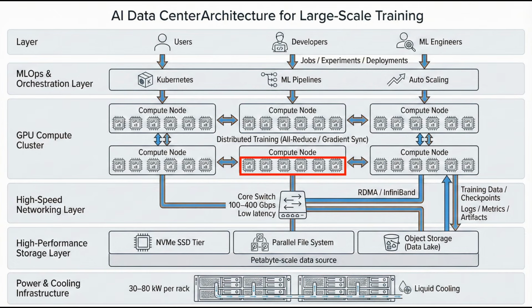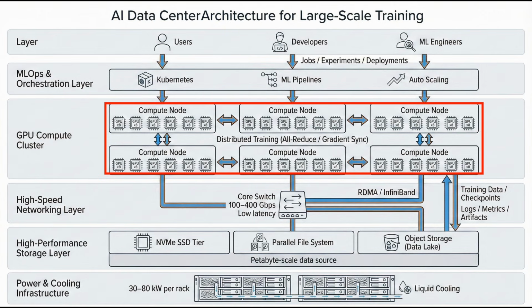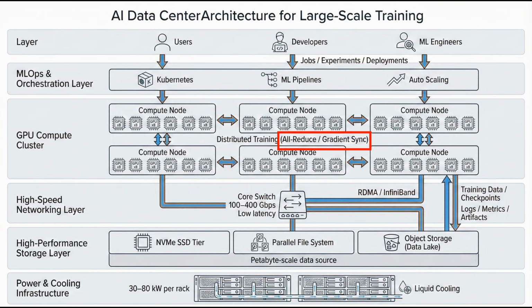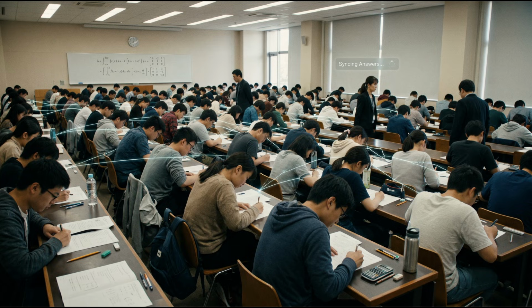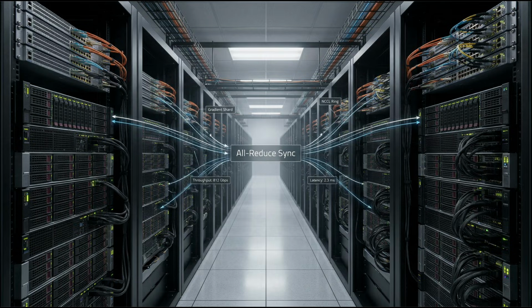So training is split across many GPUs and many nodes. They communicate using all reduce or gradient synchronization. That means each GPU calculates part of the model and then they sync updates across the cluster. This is like a thousand students solving one math problem together and syncing answers every second. Now imagine thousands of GPUs syncing gradients every few milliseconds.